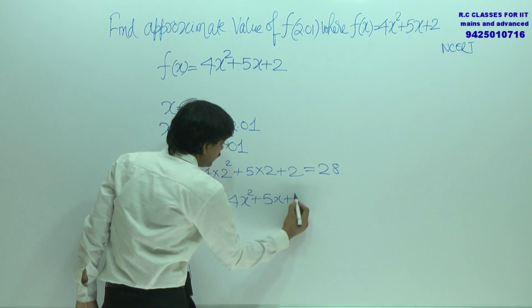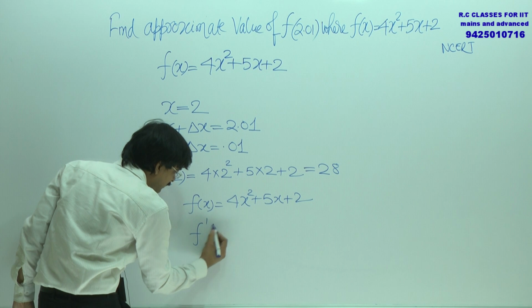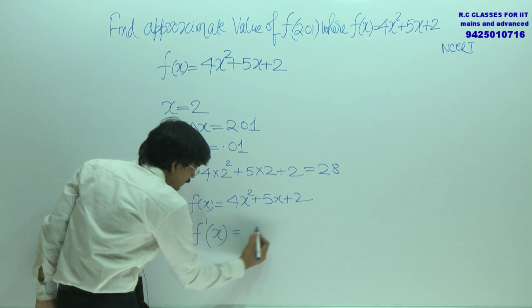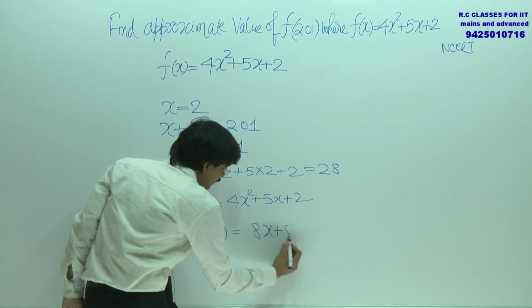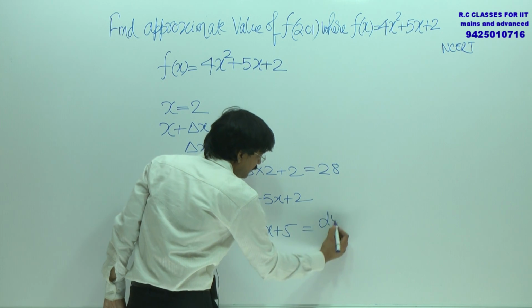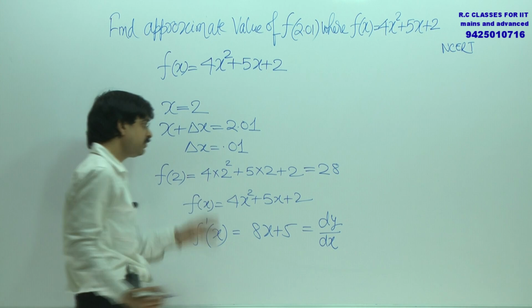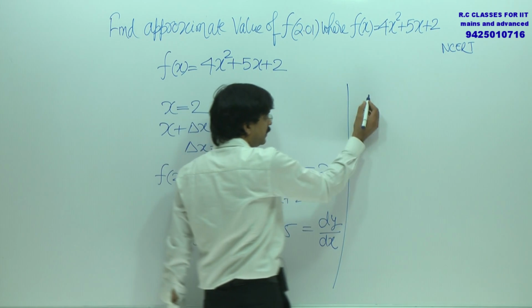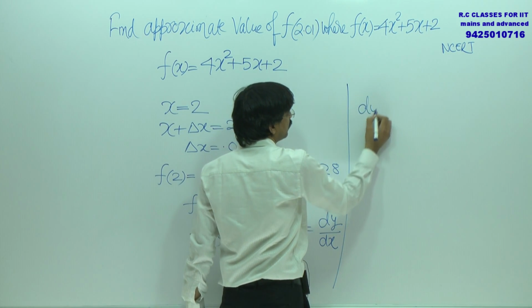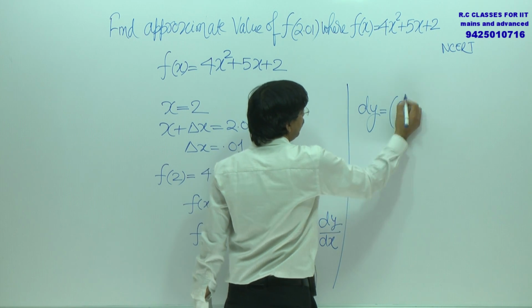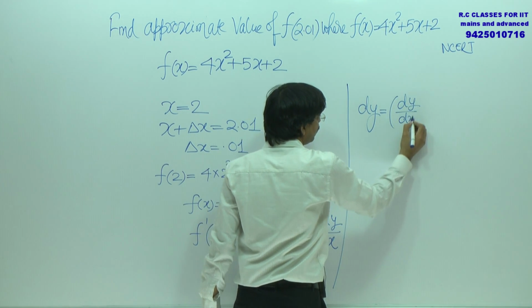If I differentiate it with respect to x, f dash x is 8x plus 5, which is dy by dx. We are also aware that to calculate dy, we can write dy equals dy by dx into dx.